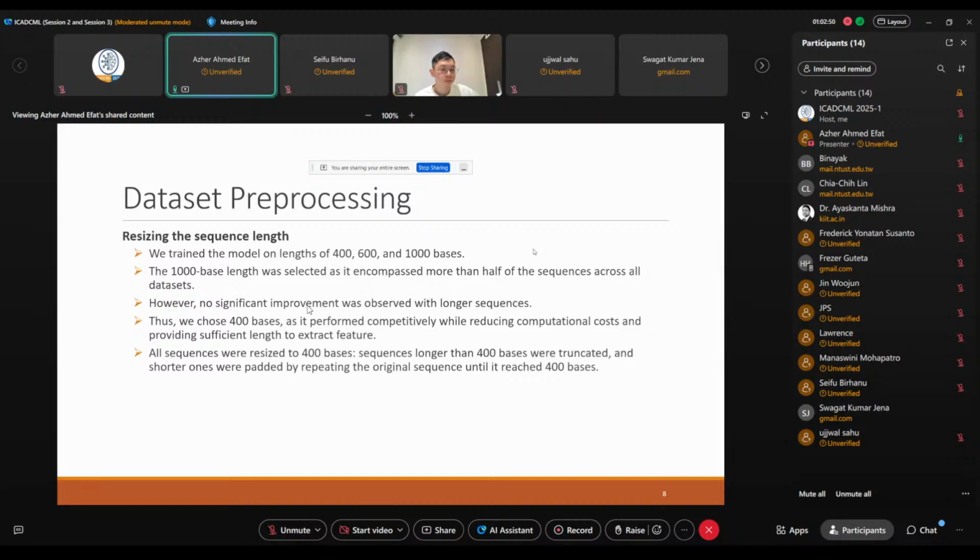The 1000 base length was selected because it encompasses half of the sequences across all the datasets. However, we have not seen any significant improvement along with the increase of sequence length. So that is why we chose only 400 bases, as it performed competitively with 600 and 1000 length, and had also reduced the computational cost.